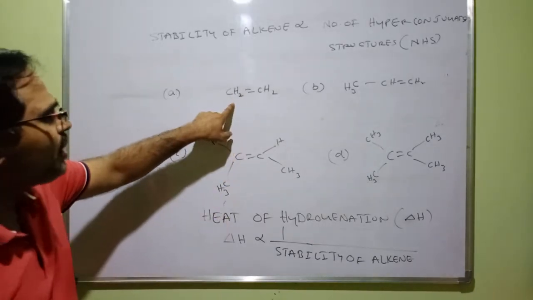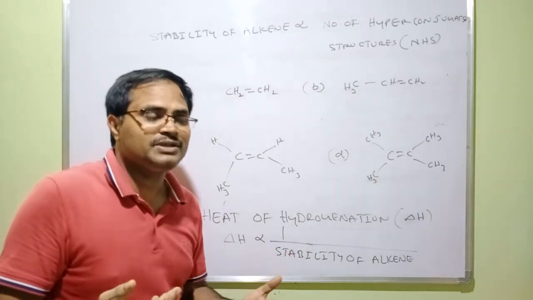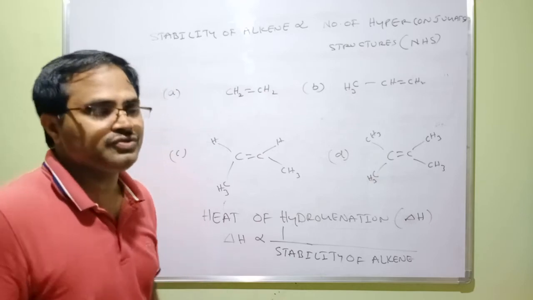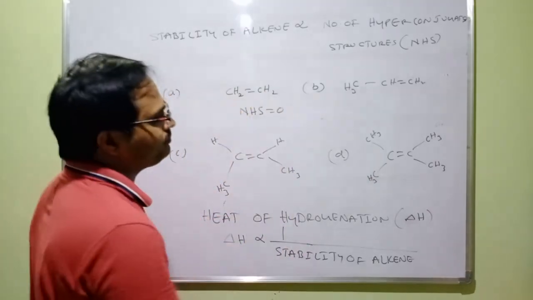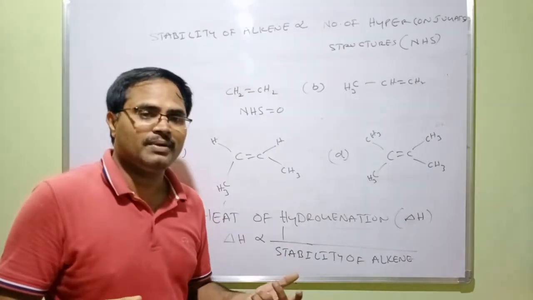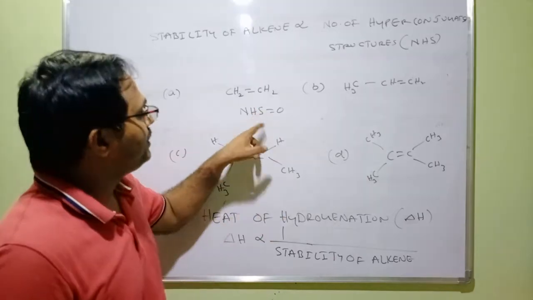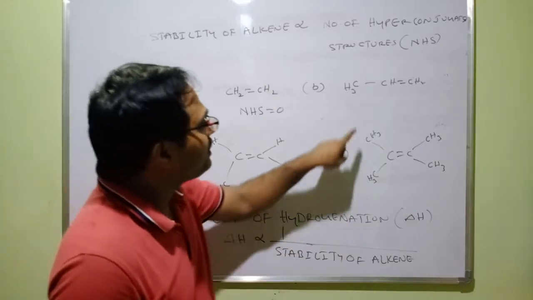In option A, you have sp2 carbon. There is no sp3 carbon. If you don't have sp3 carbon, no need to expect any hyperconjugated structures. So the number of hyperconjugated structures here is 0. There is no alpha carbon or sp3 carbon, and there is no hydrogen at the alpha carbon. Therefore, the number of hyperconjugated structures equals 0 here. So let us come down here.